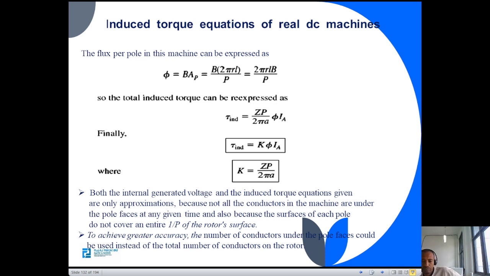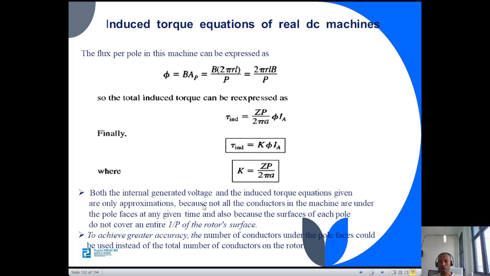from both the induced torque and the induced voltage we generated previously, both of the equations, the internal generated voltage and the induced torque equation given, are only approximations. They cannot be exact. Why are they approximations?